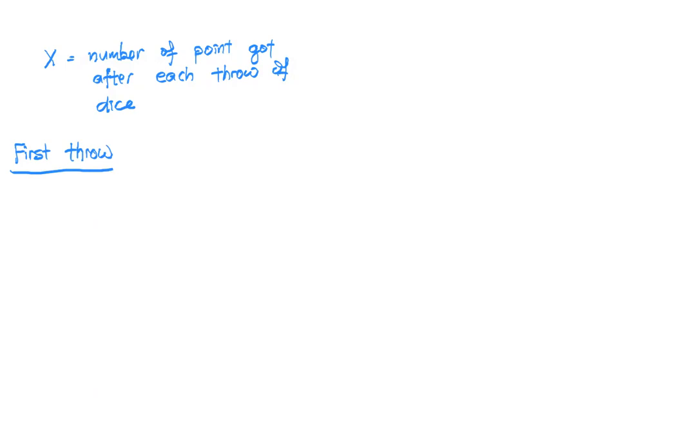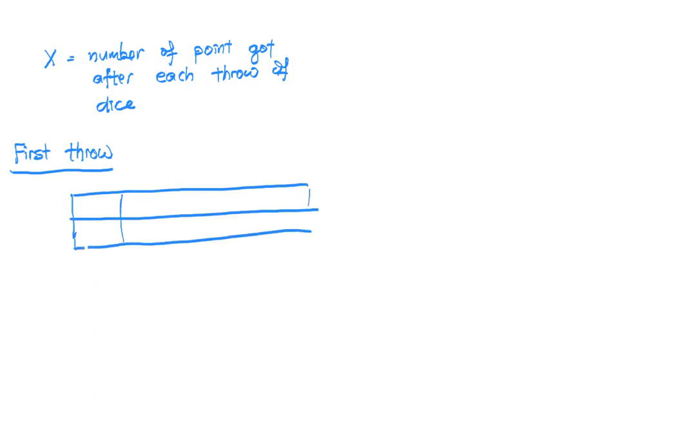When you talk about the first throw, the number of points that you can get will be 0, 2, 3, 4, 5, 6. Understand? Because the game goes like that.